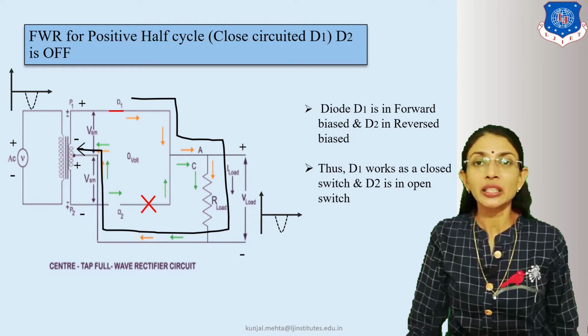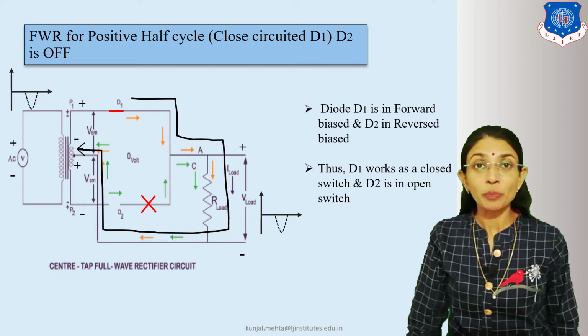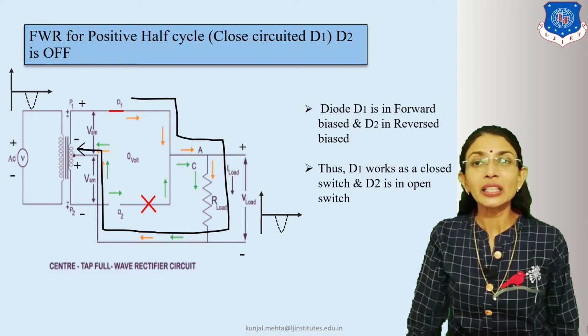P1, D1, A, RL, C, at the center point, right? Finally, during the positive half cycle, this is the output. If the input is a positive half cycle, the output will be positive.